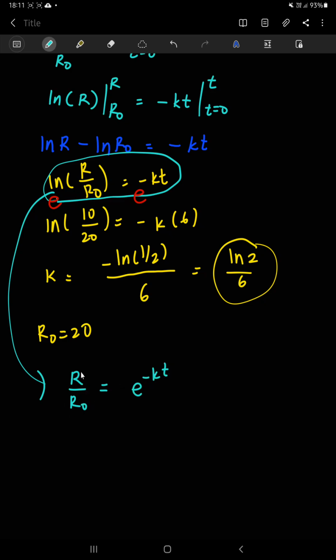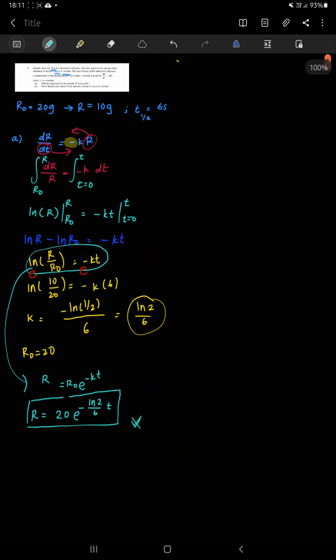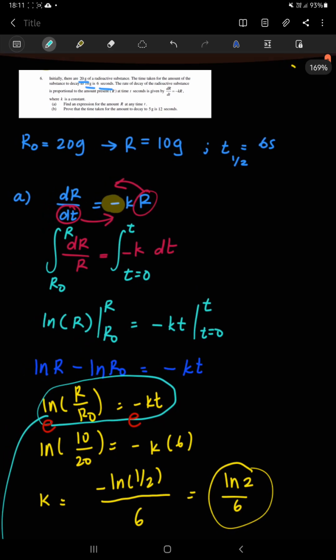R0 I will move to the right hand side, and R0 is 20, just plug in the value: e to the minus ln 2 divided by 6 times t. So at any time t, you will find the amount of the radioactive substance. Okay, so let's proceed to the second question.